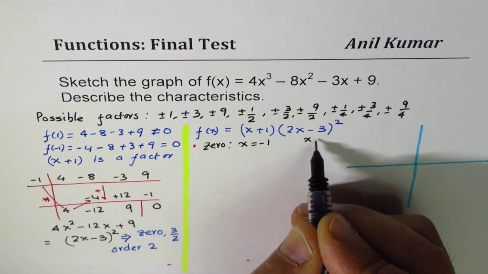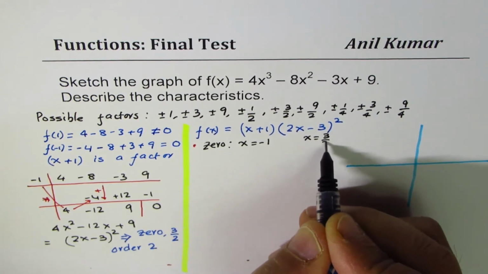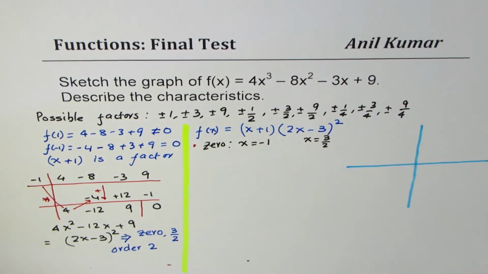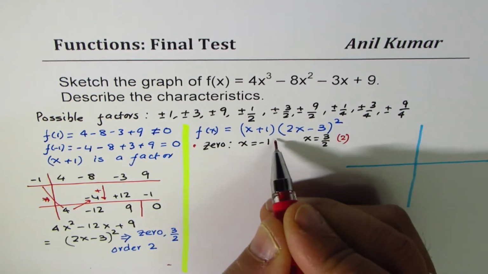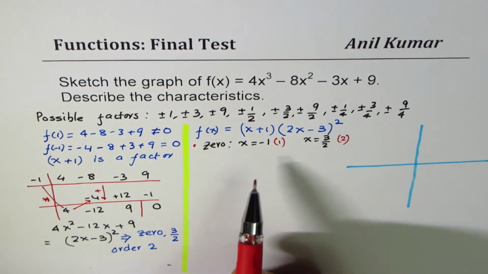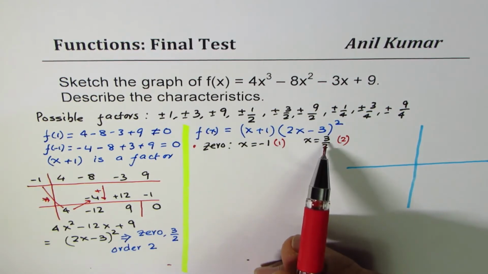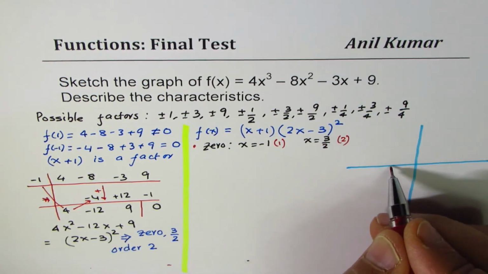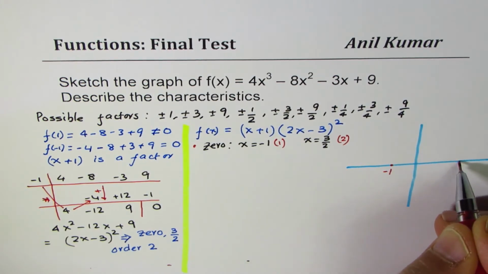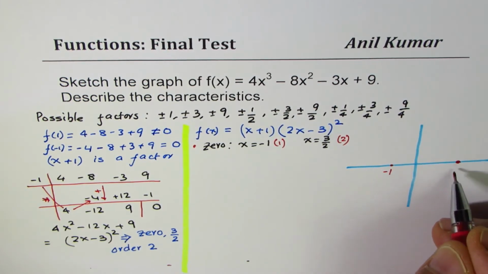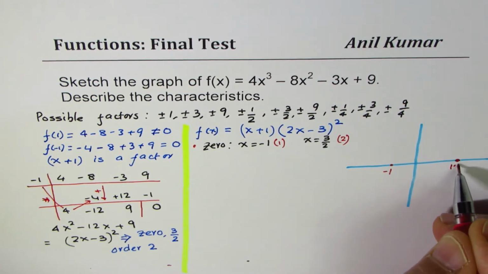The other one is at x equals 3 over 2 or 1.5. The order of this is linear, and this is order 2, this is order 1, correct? Minus 1 and this is 1.5 positive. So let us say that is minus 1 for us. And this, let me not go that far, 1.5 for us.